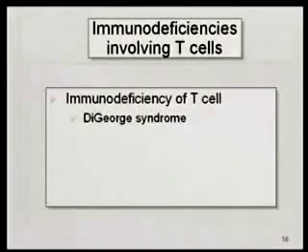But when there is a defect in T cells, if you remember from Dr. McKelliff's lectures, he pointed out that intracellular organisms that grow inside the cell are gotten rid of by immunity that depends very much on cell-mediated immunity, and that involves T cells. So when there is a defect of just T cells, you can deduce that these patients are going to be very susceptible to viruses that are always intracellular, and some bacteria that are also intracellular.